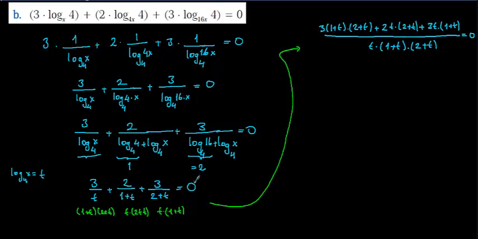Here I rationalize the denominator. All the denominators, when you multiply, you're going to see they are all the same. If the rational expression is equal to 0, it means that the numerator should be equal to 0, because 0 over a is equal to 0. So this term is equal to 0.